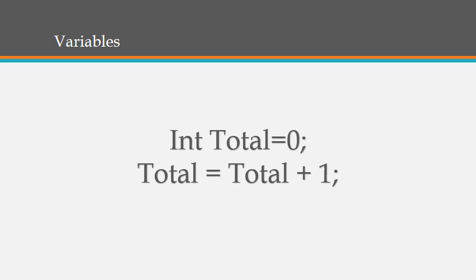C++ uses a number of keywords to identify operations and data descriptions. Therefore, identifiers created by a programmer cannot match those keywords.